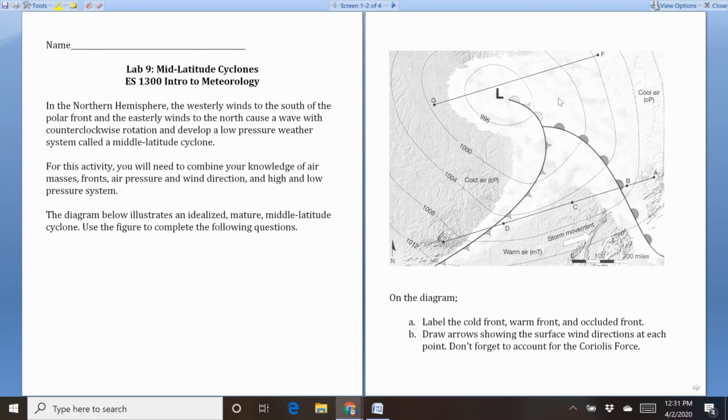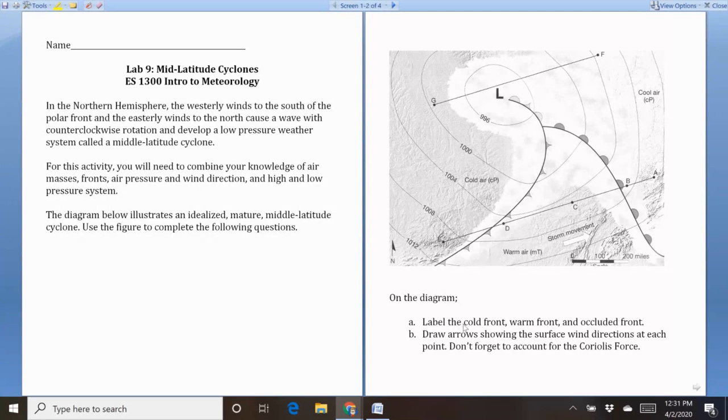And so the points that you see here in terms of letters, there's a letter A over here, a letter B, C, going all the way down through G. We're going to ask questions as to which way the wind is blowing, among some other things. So we'll get to that in a bit. First, on the right, you see here how we need to label the cold front.